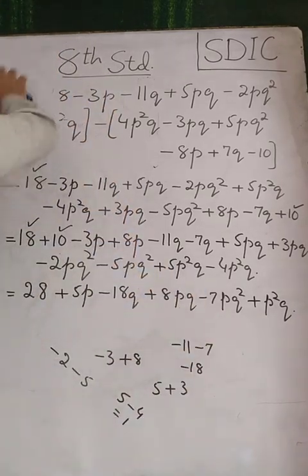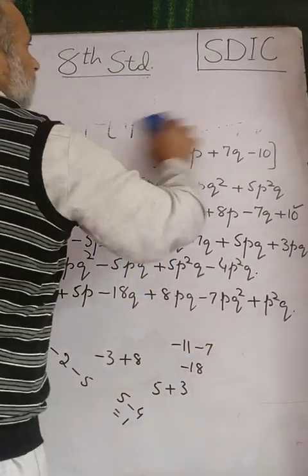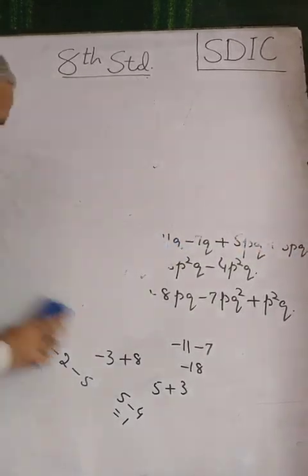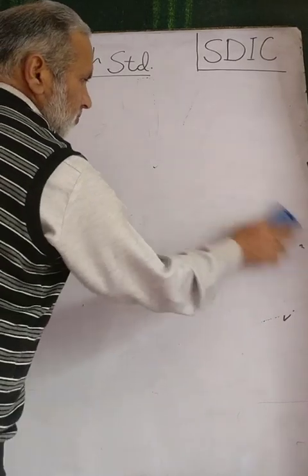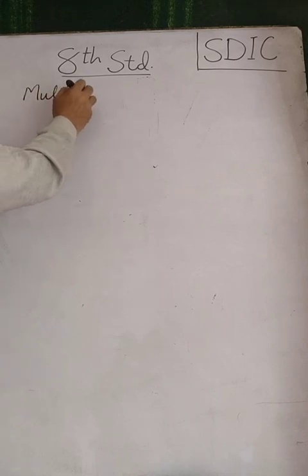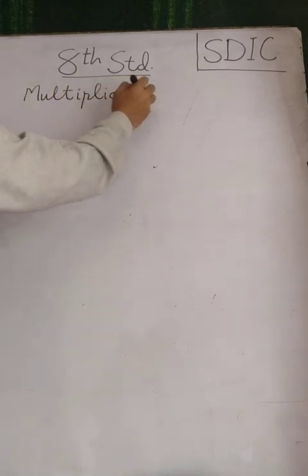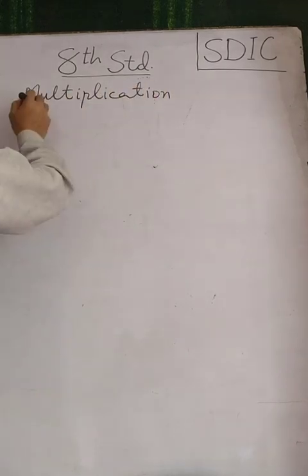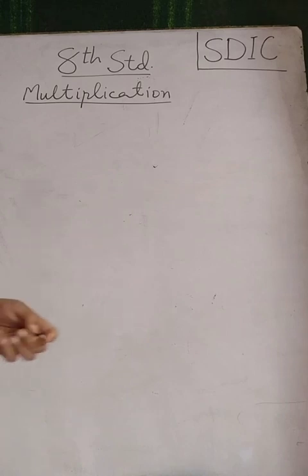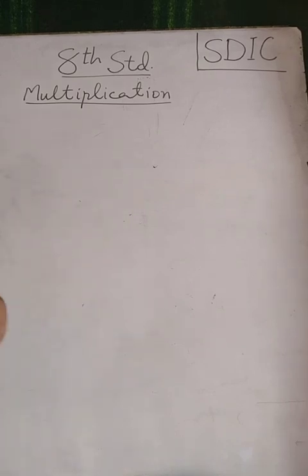We'll begin today the second exercise. In the second exercise, you have to learn multiplication of algebraic expressions. Now, algebraic expressions here, at this level, we use the term polynomial only for algebraic expressions.